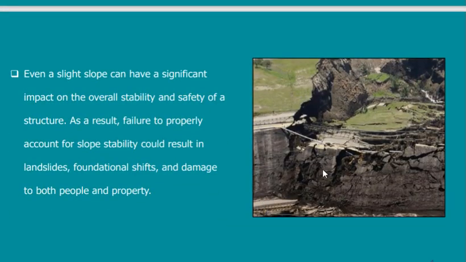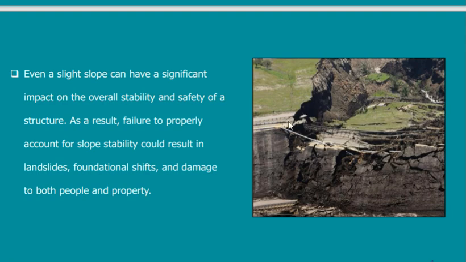Now we have to check some of these slopes. If you try to concentrate in this photo, you will find that this is mainly a sloped area, and you have a road here. This road was continuing like this. It was going here.